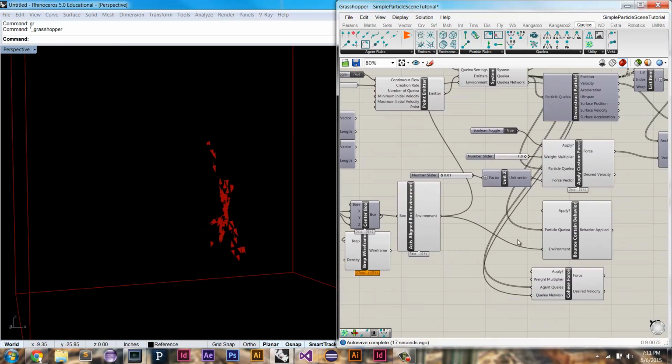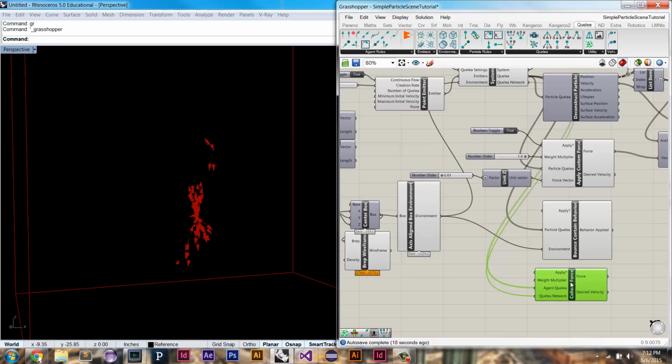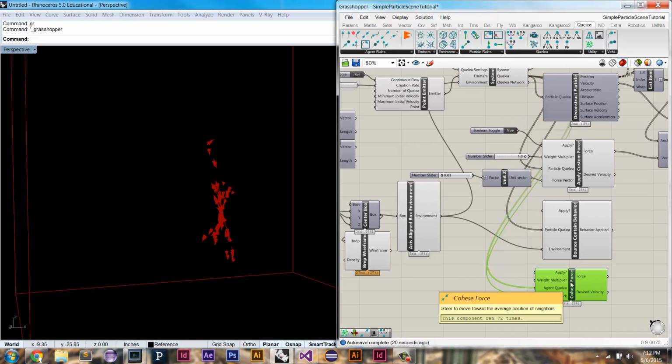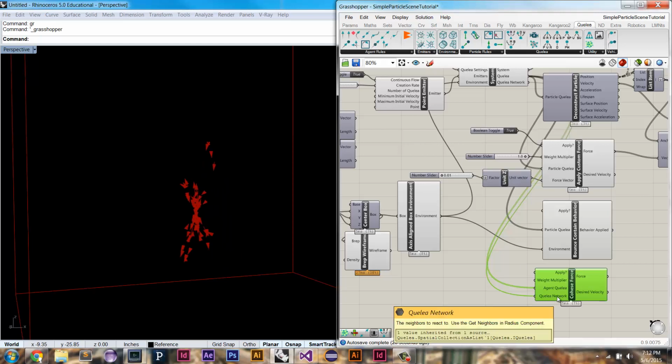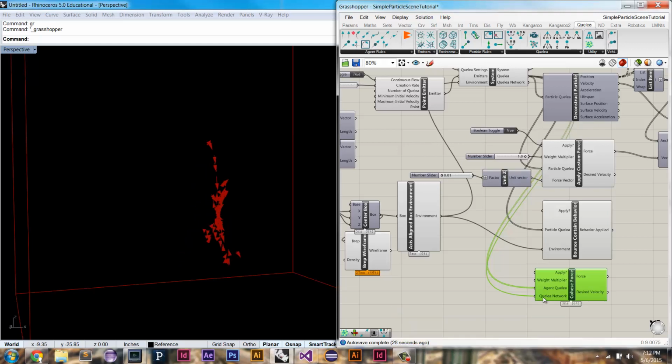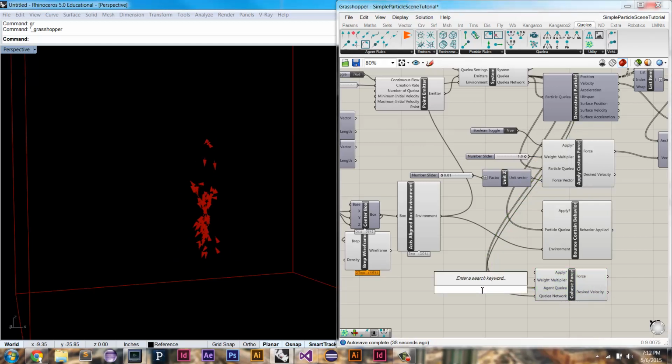What the cohesion force says is to steer towards the average position of your neighbor. Actually, when I plugged in this Quelea network, what I was essentially saying was steer towards the average position of every other agent in the scene. Usually this isn't how you want them to behave.